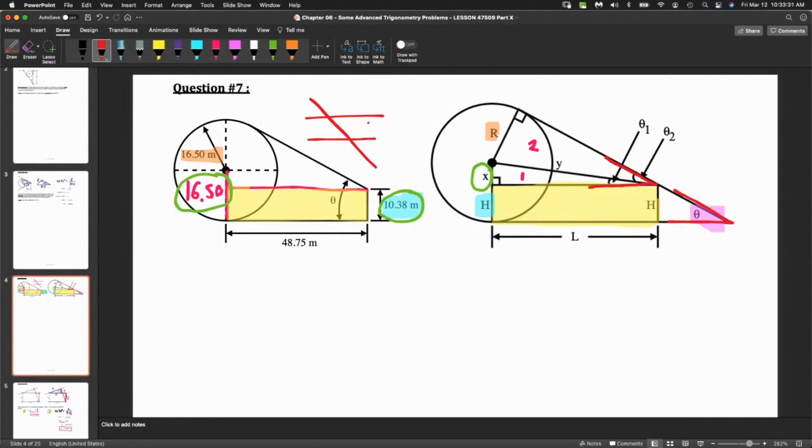Who remembers this property back in geometry? This is called corresponding angles. So that's actually the key to the question. If we can get theta 1 and theta 2, then this is our last step: theta equals theta 1 plus theta 2.